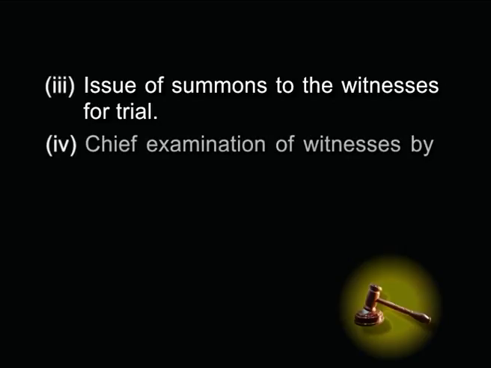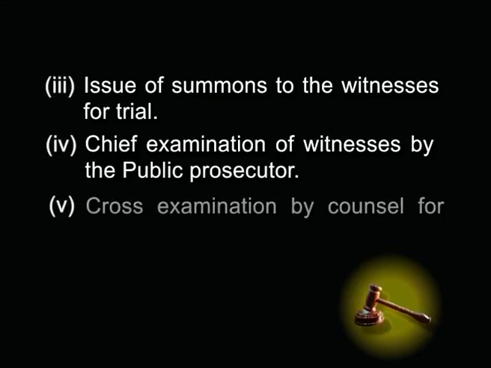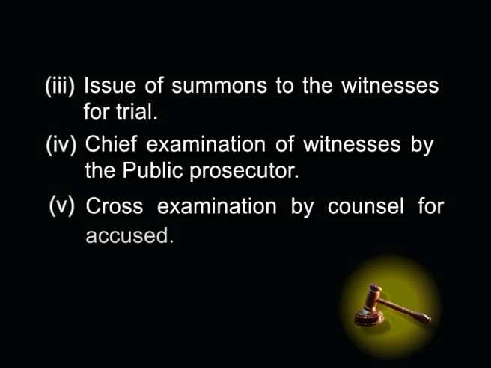Now, if the accused pleads guilty, then there is no question of trial. Number 3, issue of summons to the witnesses for trial. Number 4, chief examination of witnesses by the public prosecutor. And number 5, cross examination by counsel for the accused.